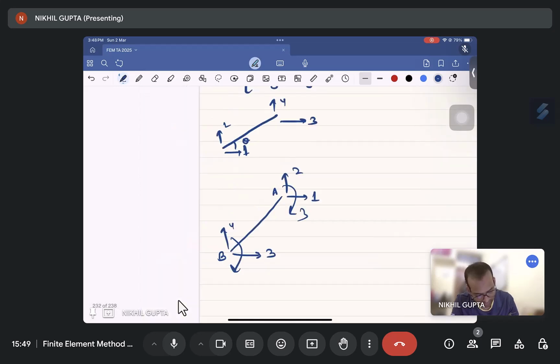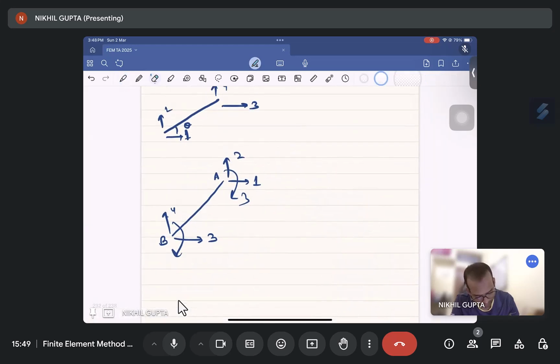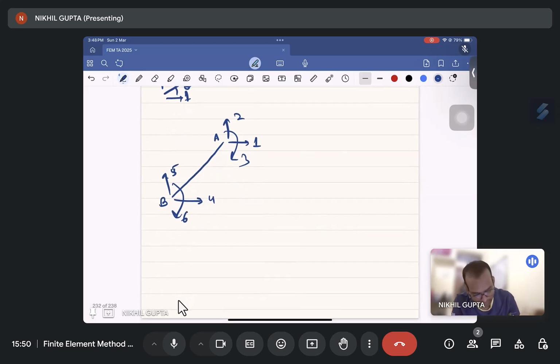They have this also, so 4, 5, 6. So one thing to remember is that the rotation degree of freedom has no effect of transformation.